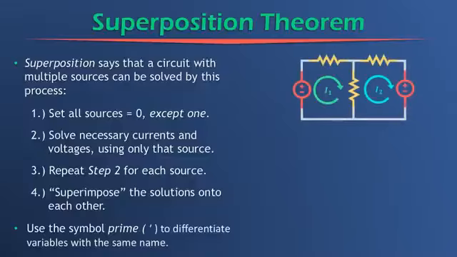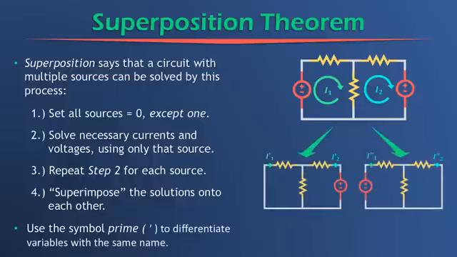So here's the general process. We have a circuit that looks like this, one of these double loop circuits, classic, right? And here's what we're going to do. We're going to take out one source. So in this case right here, we've taken out this voltage source, and we're going to solve for I1 single prime and I2 single prime.